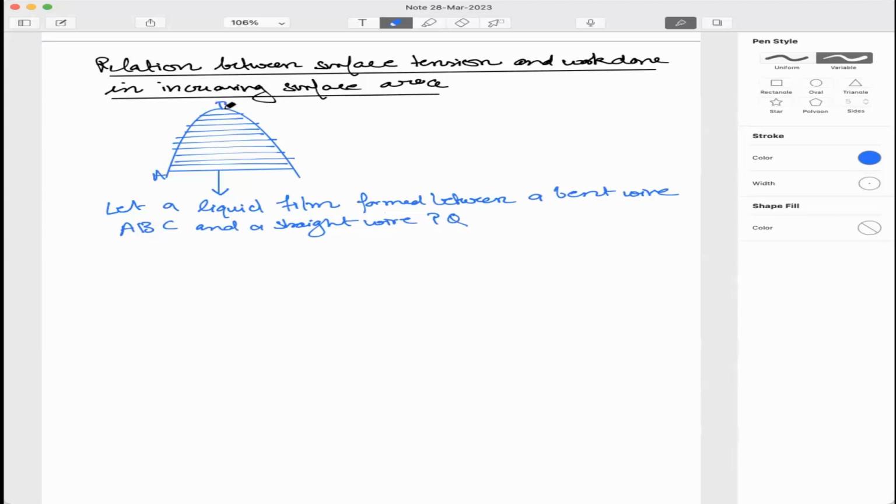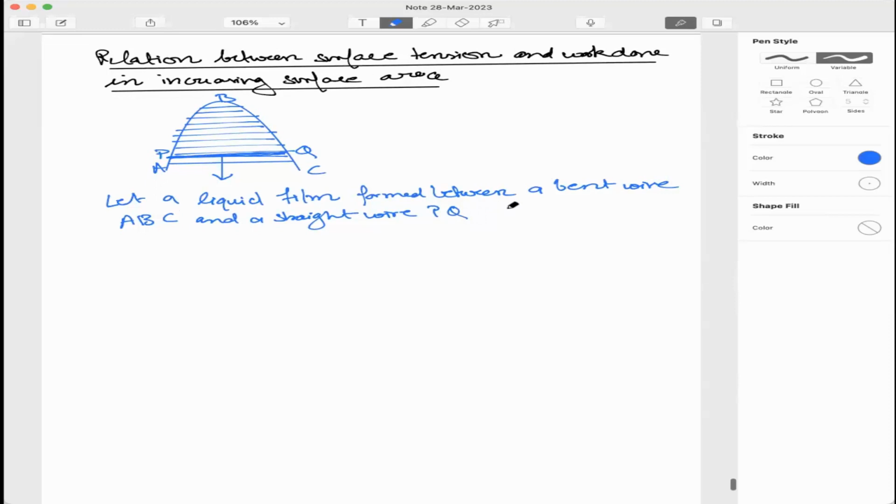That is ABC, and we have put over this bent wire the straight wire PQ, which can slide on the bent wire without any friction.